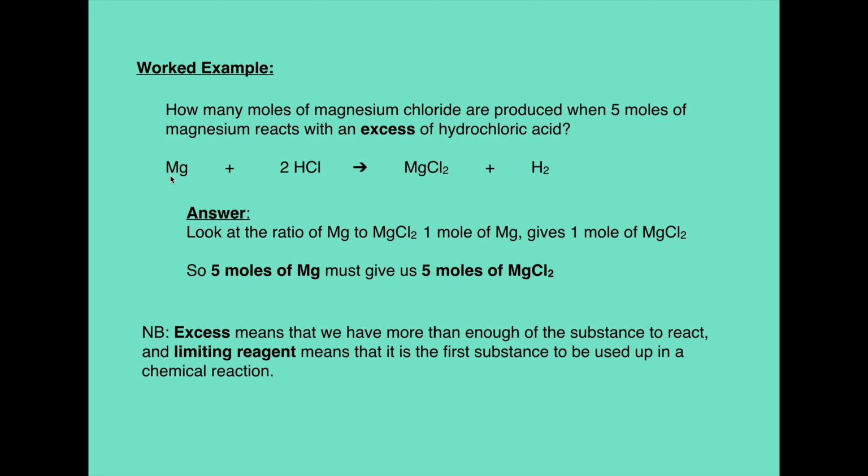And because it's the limiting reagent, it determines how much of each of the products are formed. Once it's used up, no more of the products can be formed. So as we've just said, the limiting reagent here was magnesium.